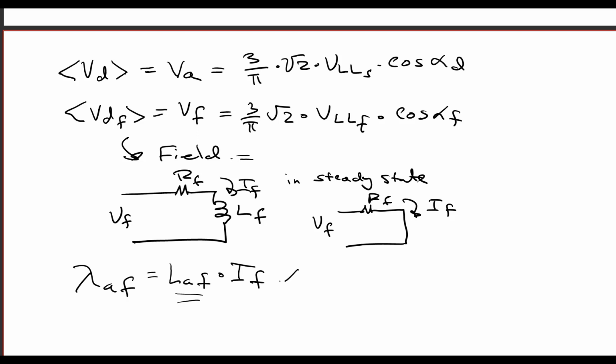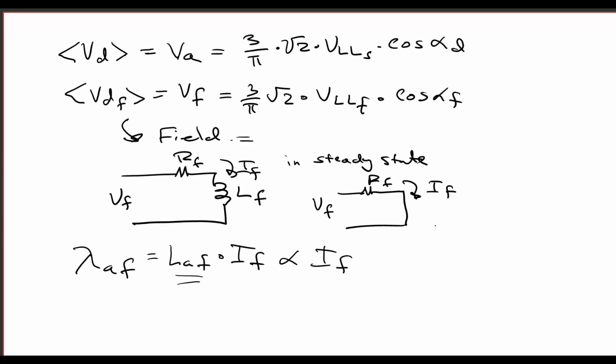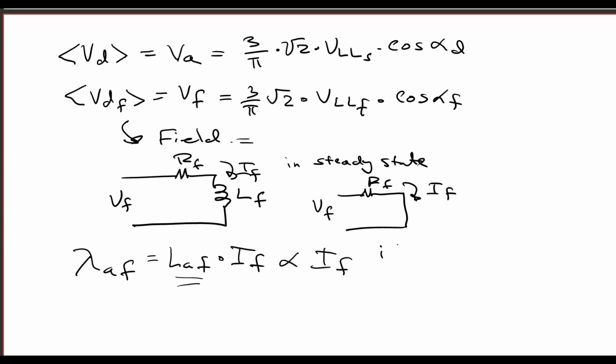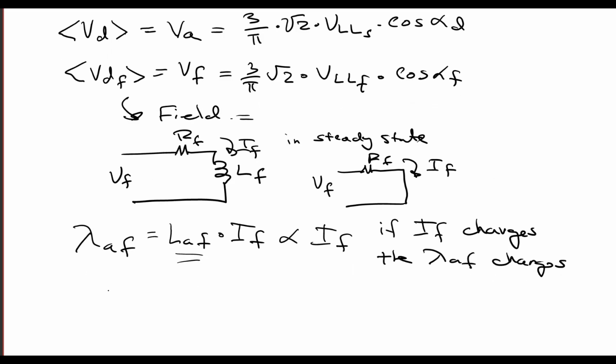We just know that it's proportional to I sub F. So if I sub F changes, the lambda AF changes. And we know that the back EMF voltage, E sub A, is lambda AF times the speed.